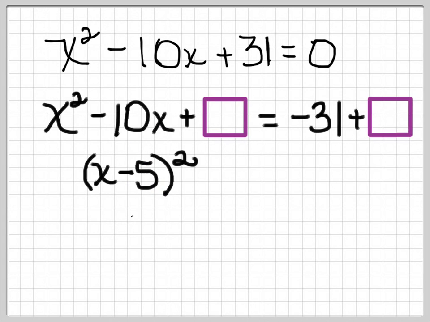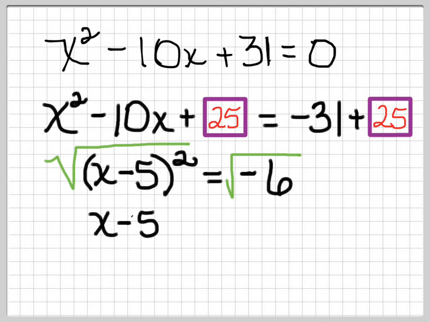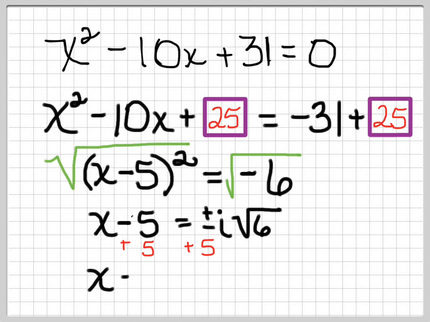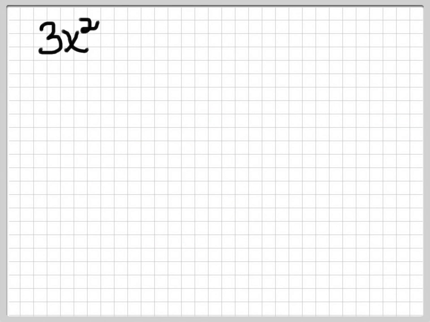Because that's what's going to go in this box. Okay, so on the left-hand side, we're going to have -6. We're going to take the square root of both sides. And we know that anything with a negative underneath a radical is going to be converted to an i. We're going to add 5 to both sides. And this will be our final answer.